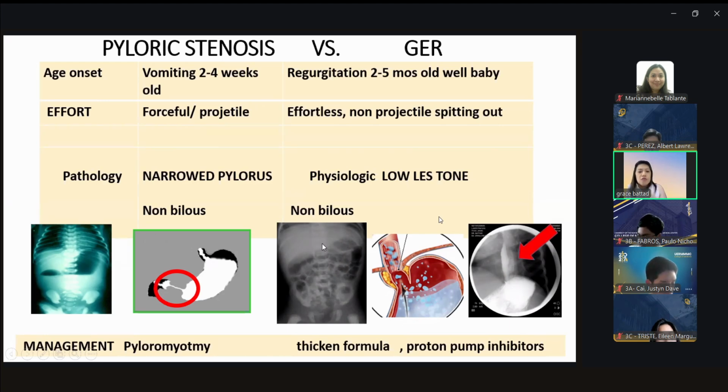If you did a barium swallow, you have here your string sign. For the severe reflux patients, you'll see a reflux from the stomach going back to the lower esophageal segment. For management, pyloric stenosis is surgical, doing pyloromyotomy. For GER, you just have to thicken the formula, or others may be given proton pump inhibitors.